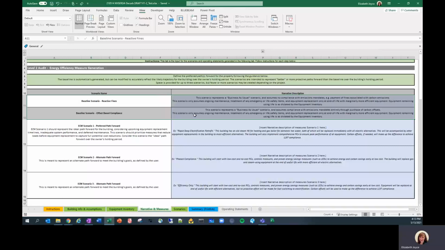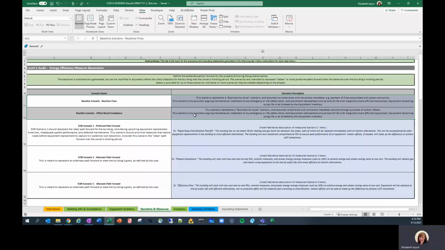The baseline scenarios are generated using your current operational information and your operating statement, which you entered in the Building Info and Assumptions tab, as well as your current equipment inventory and expected remaining useful life, which you entered in the Equipment Inventory tab. There are two baseline or business as usual scenarios that are automatically calculated by the tool.